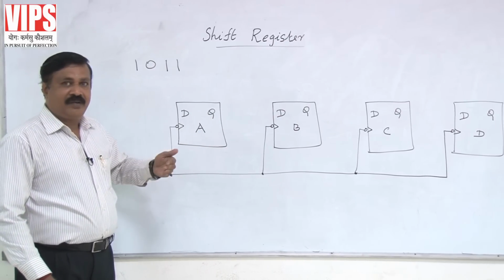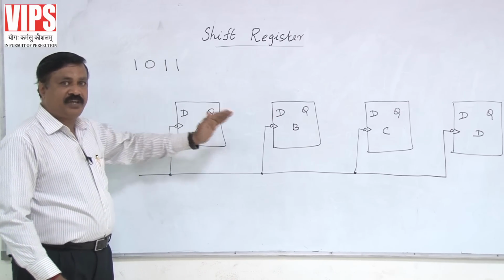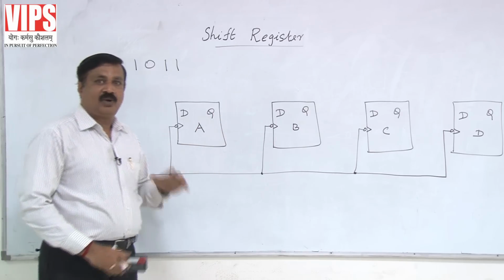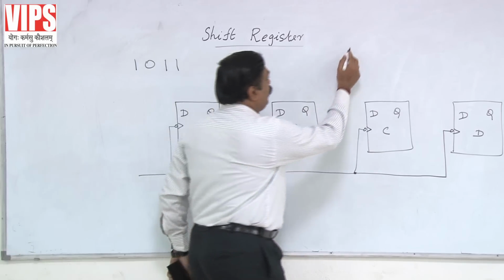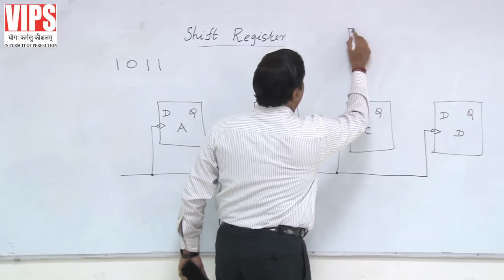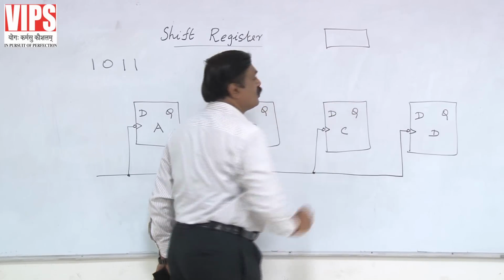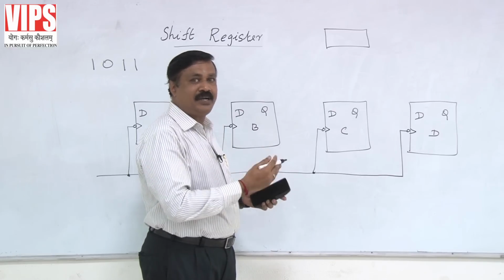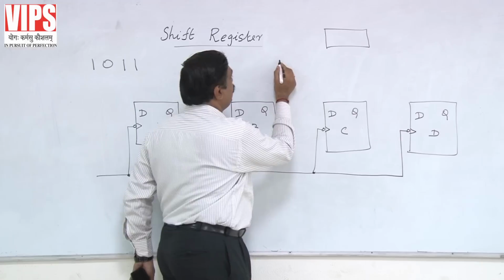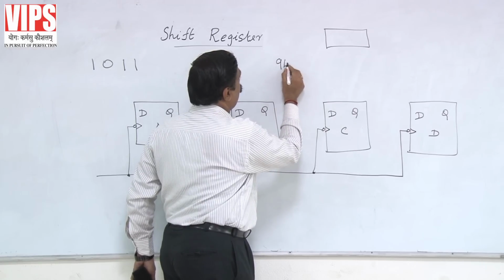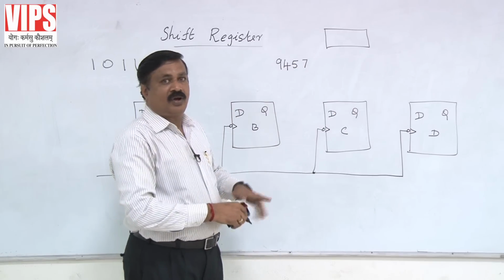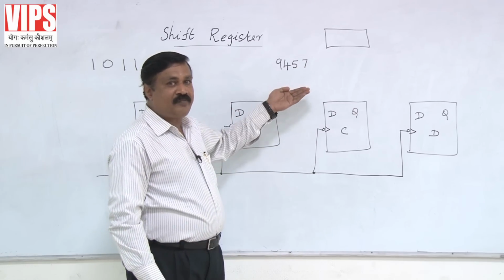Before explaining how the data can be shifted, I want to explain one simple example. Take a calculator. In a calculator, this is the display. I want to shift one decimal number, for example 9457. How will you enter this number?